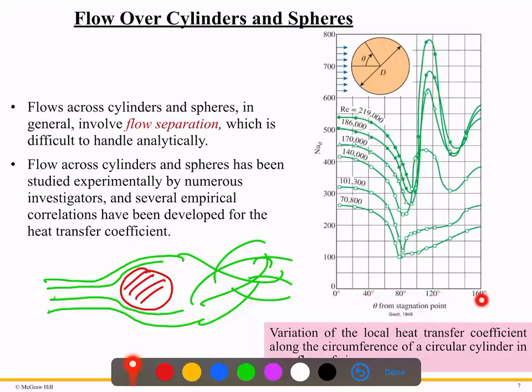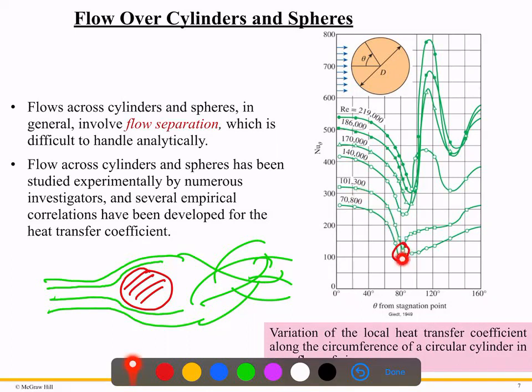The x-axis is showing the stagnation point angle, and this is showing the Nusselt number. You can see the angle definition from here. You do not need to understand this a lot, just some visualization. You see, when this angle increases, it decreases like this. At this point, it is about 80 degrees.